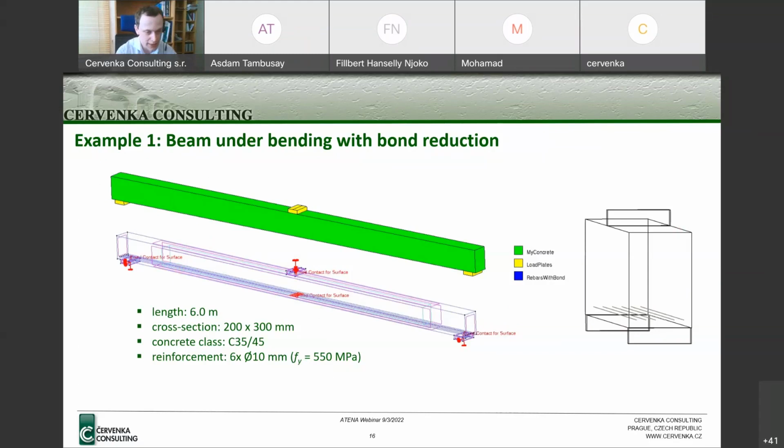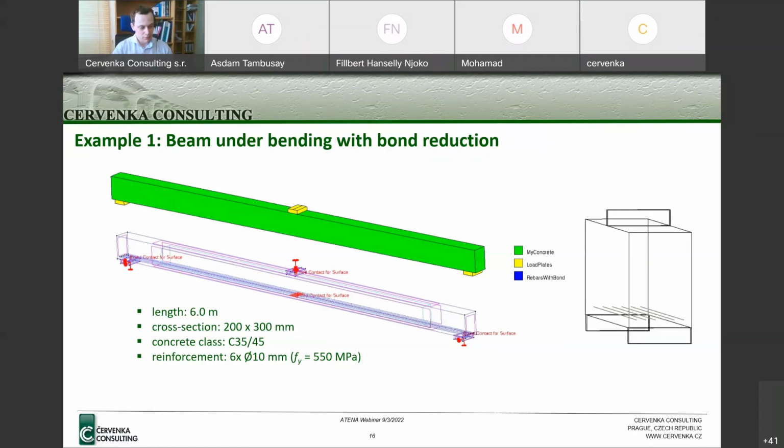And often there are questions about some models, for example, I have this kind of simple beam, and I try to reduce bond in the midspan of the beam, and I check my LD diagram to see what happens.